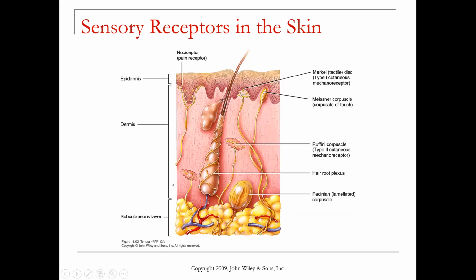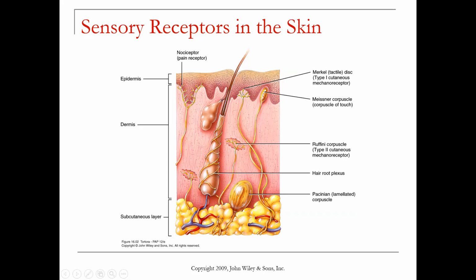So here's where they're located, for example. Pain receptors near the surface. They are free nerve endings, by the way. There's your Merkel disc right there. It is a very sensitive touch receptor for discriminating touch. Here is a Ruffini corpuscle. It is also a touch receptor. Down here is that Pacinian corpuscle deep in the dermis.